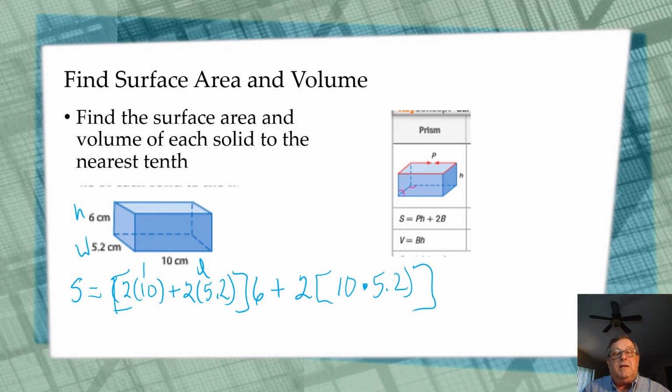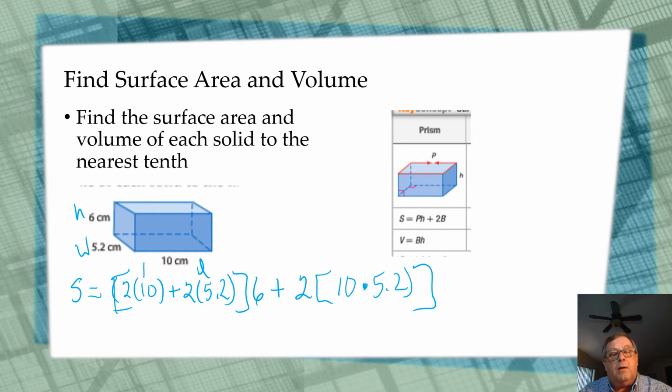All right, so let's see here. 2 times the length, well, that's going to be 20. And then we're going to add to that 2 times the width, which is 5.2. And so that's all going to total 30.4. And we're going to multiply that by 6.